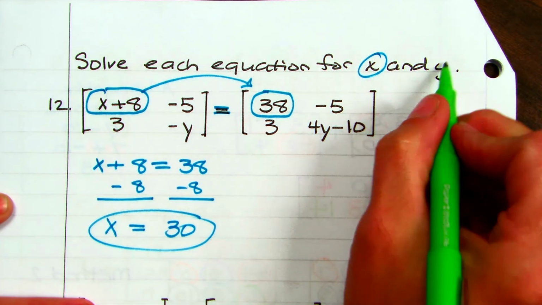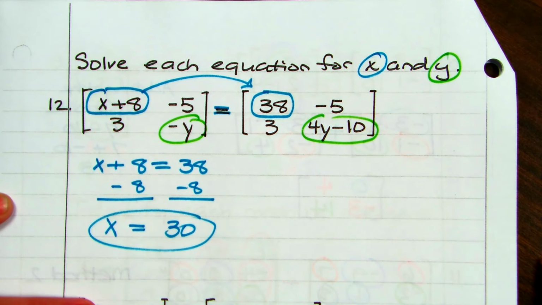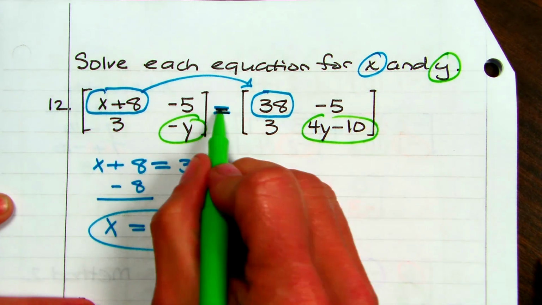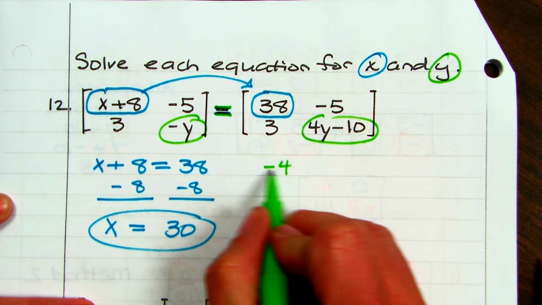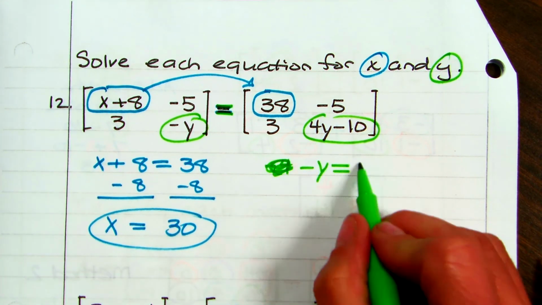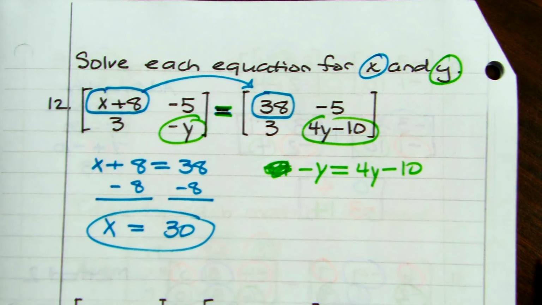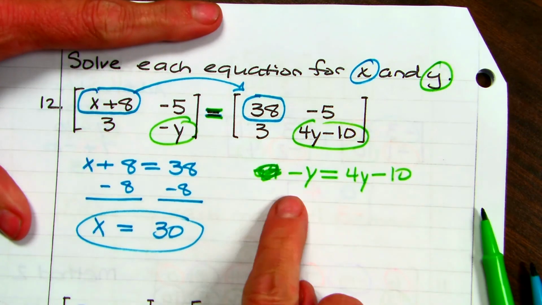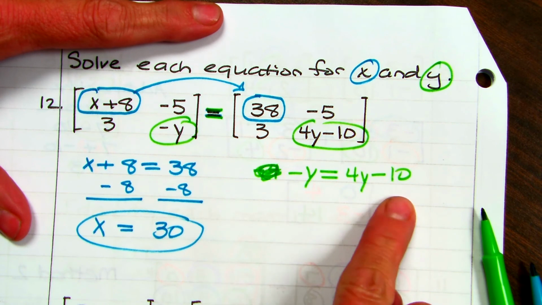If I'm solving for y, then I find where y is located. So I can set negative y equal to 4y minus 10. Instead of moving the negative y over here, it's already by itself, and I'm just going to leave negative 10 there.